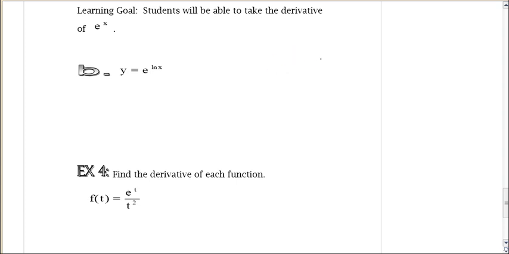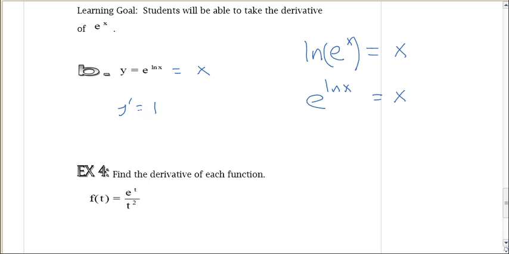Now, they're inverses of each other, so if you have ln of e to the x, because they're inverses, that just generates x. By the same token, if I have e to the ln of x, that just generates x because they're inverses. So before I even do any math, I could rewrite this as just x, and the derivative of x is just going to be 1. So y prime could be equal to 1. Kind of a shorthand trick. I just used some algebra to simplify.